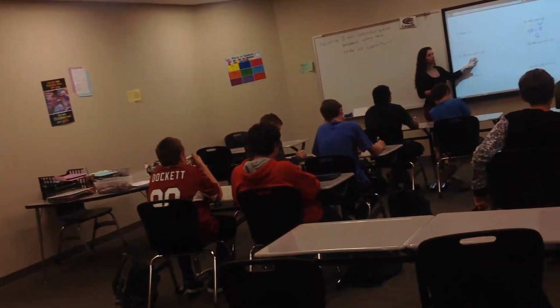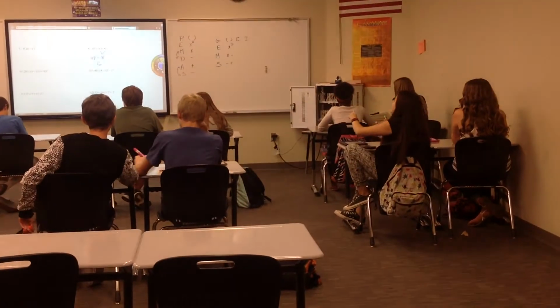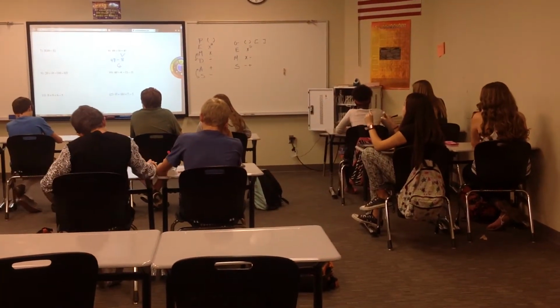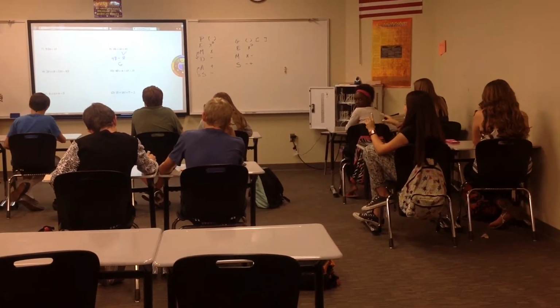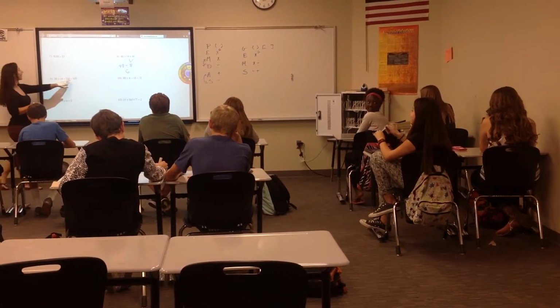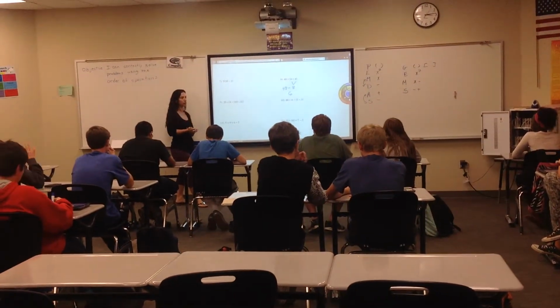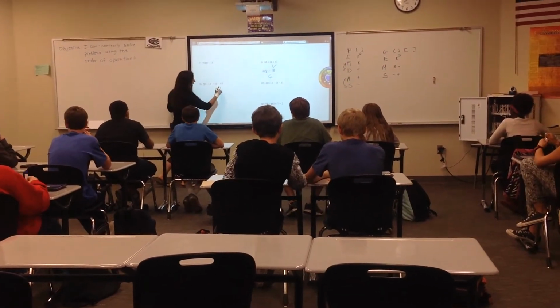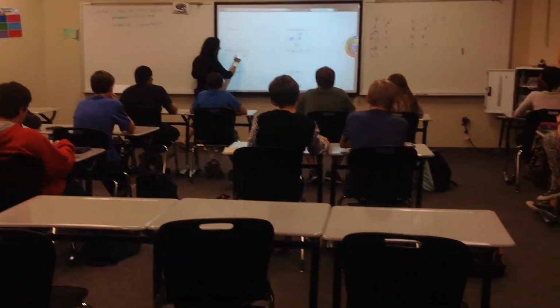Okay, who can walk me through what's the very first thing that I would do with this one? Topanga. You solve the inside parentheses. Very good. And what do we get with our 10 minus 8? Okay, so I have 2, and I'm going to draw my set of outside parentheses now.